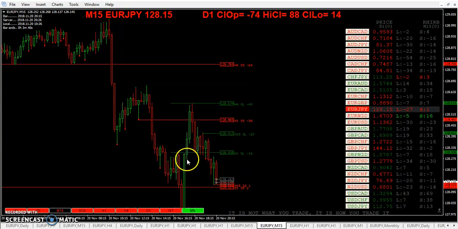Inventory reduction bar, as you can see, there was a nice short trigger there. One there if you were a little late to the game. And there's a nice long trigger. So we've got some short triggers put in here. Long trigger, 128.30.